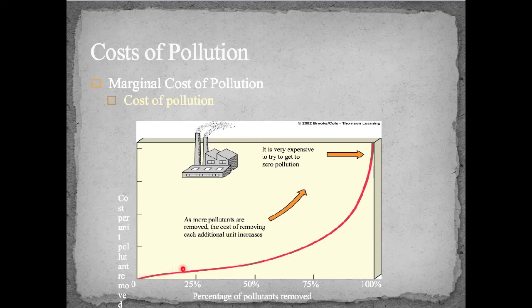So as we gain more units of pollution within the environment, the cost on humans, the toll, whether it's health, whether it's loss of biodiversity, increases sharply. And it is very expensive to try to get zero pollution, but it's very expensive if you allow pollution to rise to a very high level.